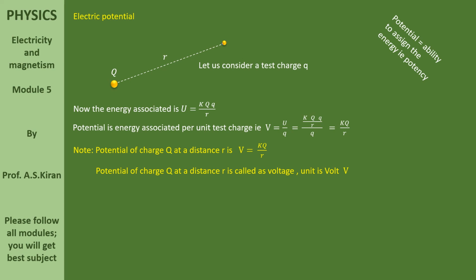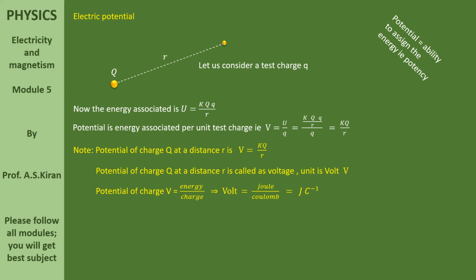You are given a charge. You are given a location. If one asks us to find electric potential, assign a test charge, find the energy, and find the energy per unit test charge. That is potential. Simple. Potential V equals energy by charge, isn't it?